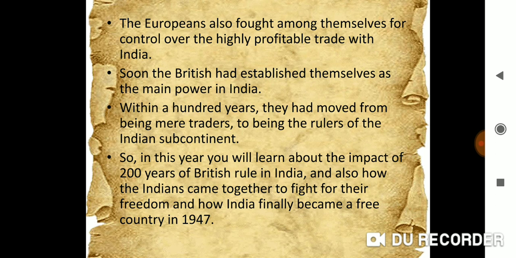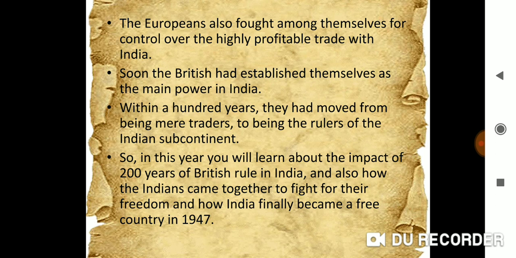So in this year, you will learn about the impact of 200 years of British rule in India, and also how the Indians came together to fight for their freedom and how India finally became a free country in 1947.